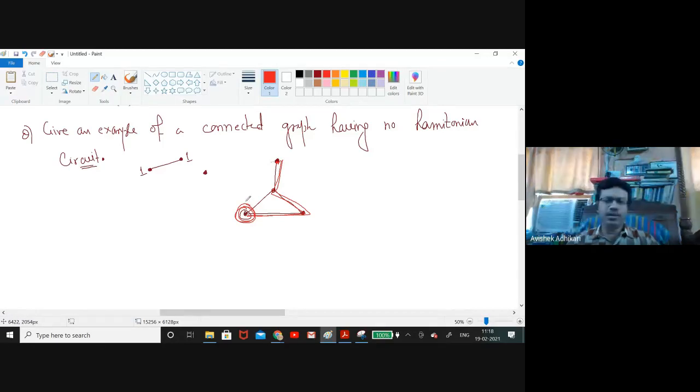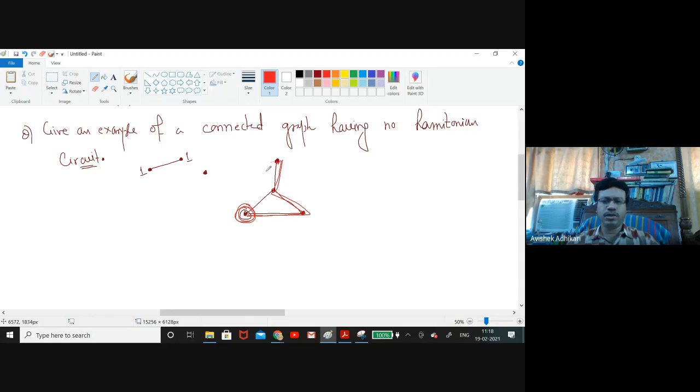Let us remove some conditions: you need not come back to the original position, but you need to explore all the vertices exactly once.